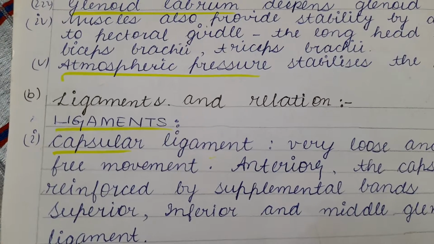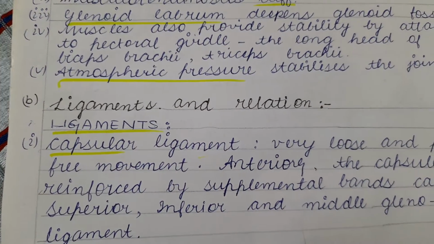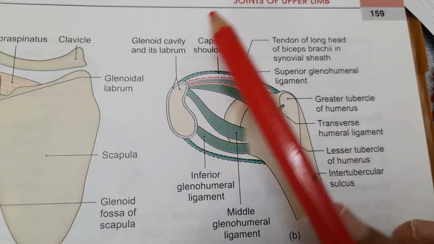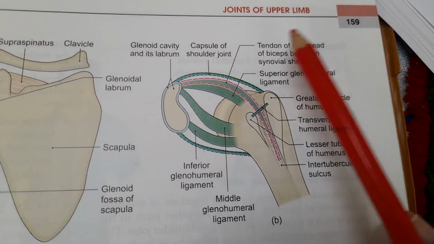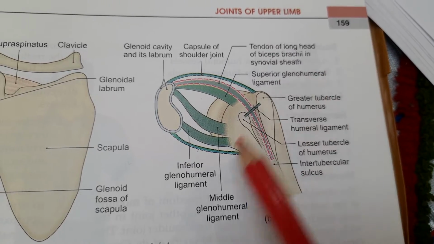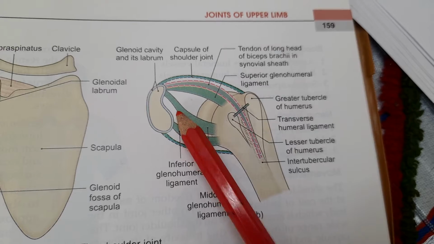Now let us see about the ligaments. The first is capsular ligament, which comprises the superior glenohumeral ligament, inferior glenohumeral ligament and middle glenohumeral ligament.